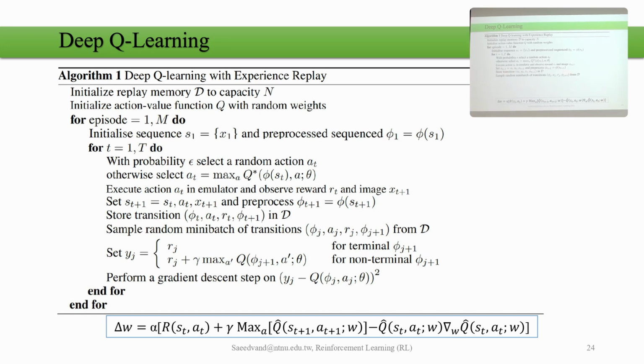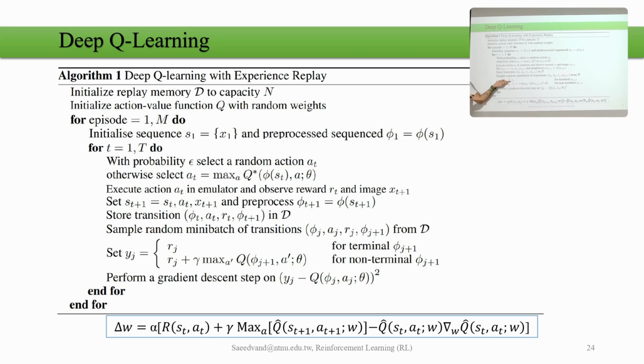After that, we sample mini batches from the memory D, depending on the size of the mini batches that we define, how many we want to take to train the network. Then we calculate yi, by the equation.